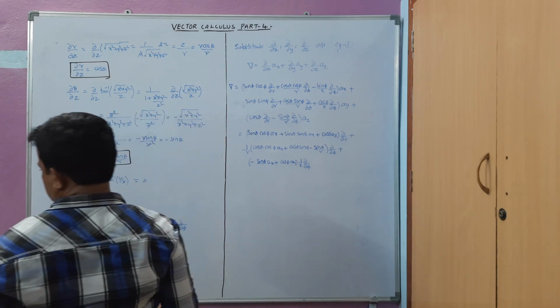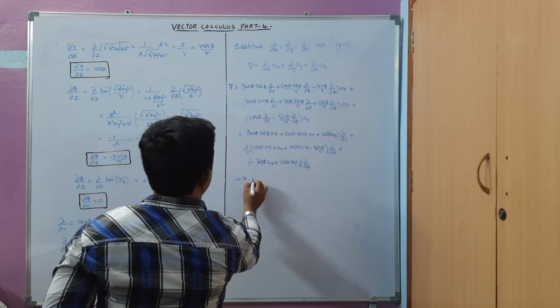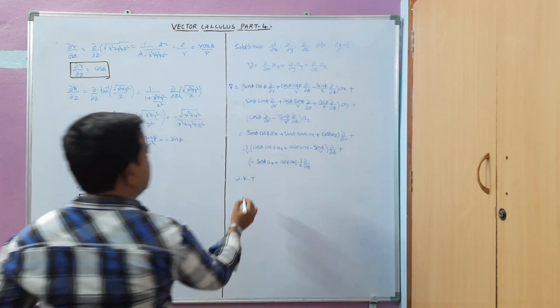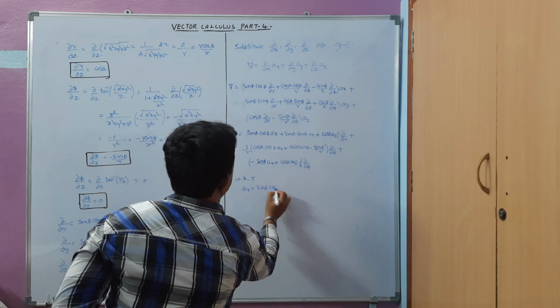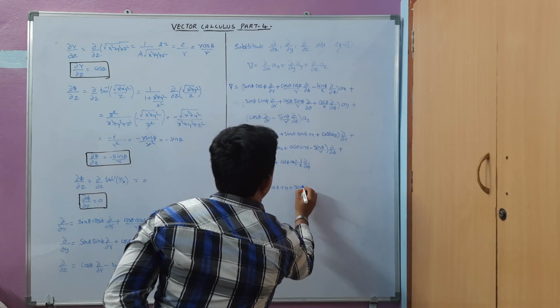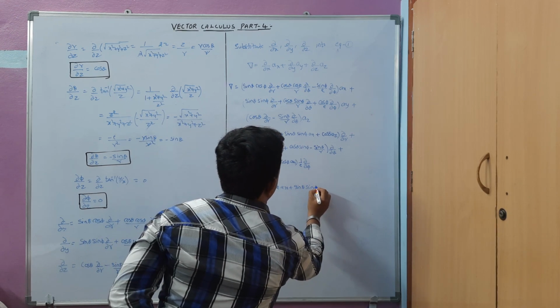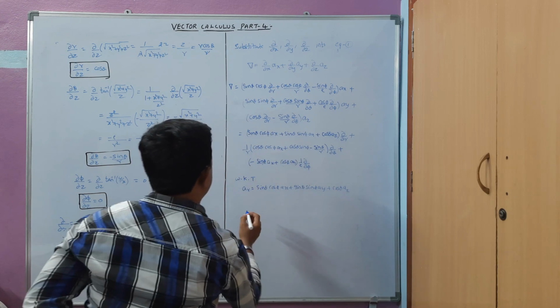Now finally we have to substitute here. We know the unit vectors ar, a theta and a phi. Ar is equal to sin theta cos phi Ax plus sin theta sin phi Ay plus cos theta Az. You can verify this one.